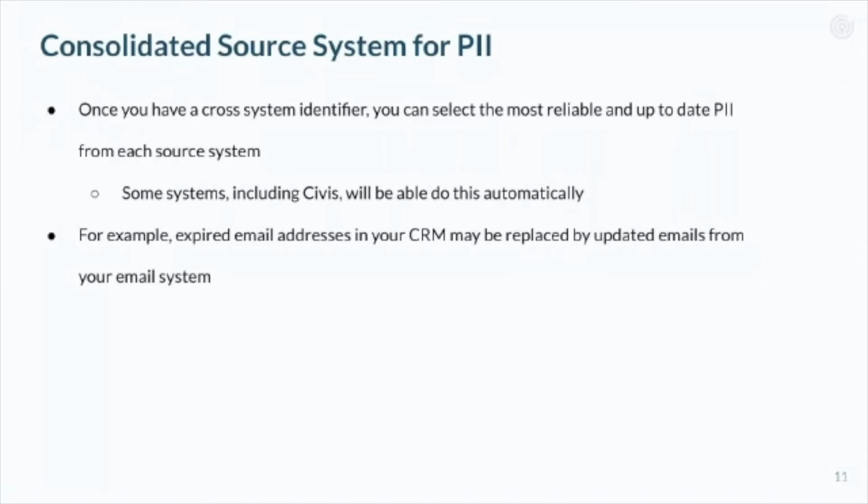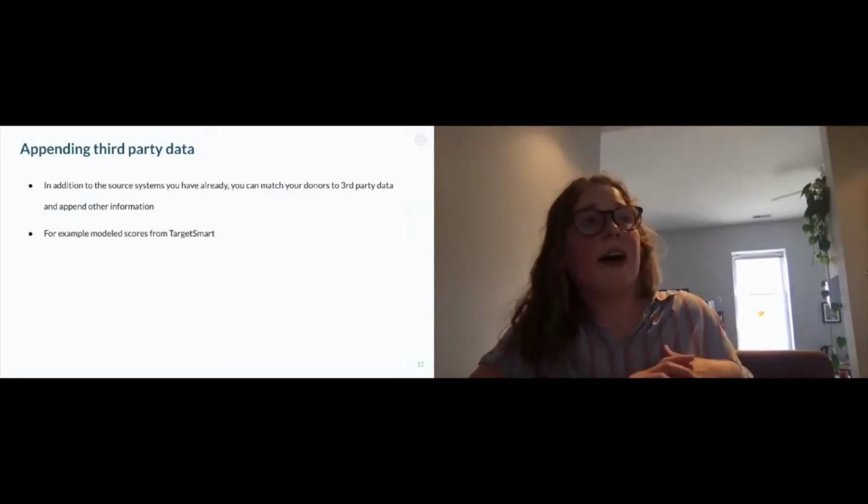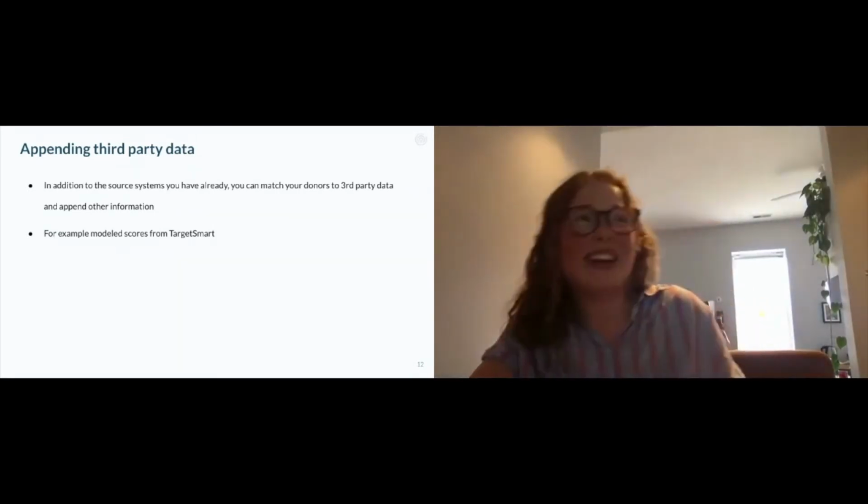And then I talked about before, if exporting updated email addresses back to your CRM is something that would be valuable to you, that can be backed by an IDR solution. And I've talked a little bit about appending third-party data, which is another thing that an IDR solution is going to allow you to do.